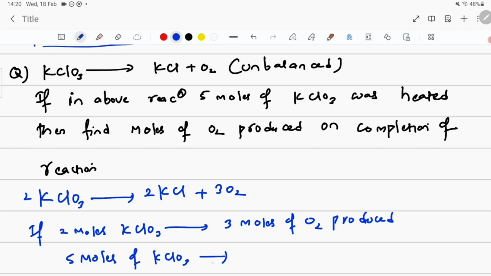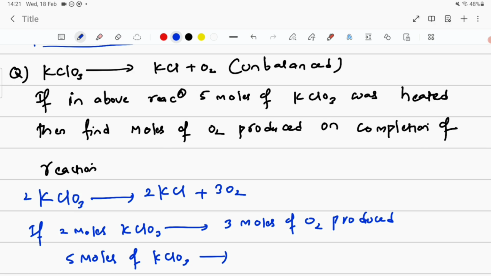If 5 moles of KClO3 taken, how much amount of moles of O2 produced can I find? If 2 moles taken, 3 moles of O2 produced. If 5 moles of KClO3 taken, then how many moles of oxygen produced? That's what the question means overall.